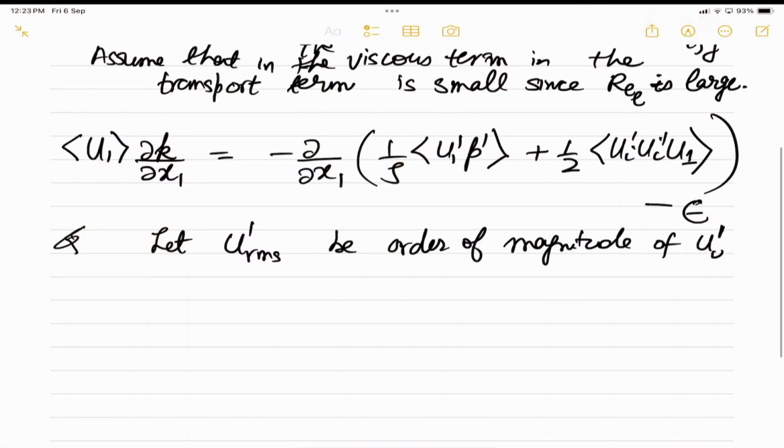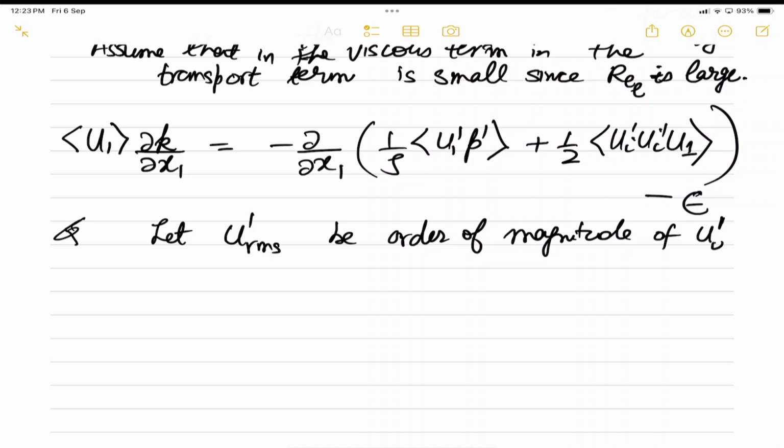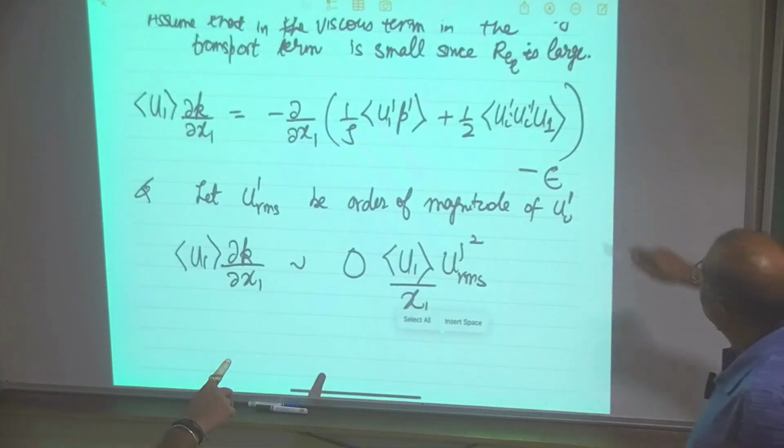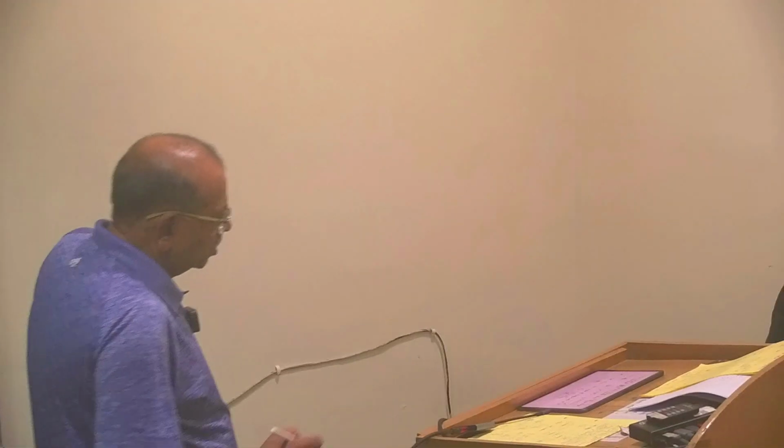And so then if we look at mean of u1 dk by dx1, this will be of the order of magnitude mean of u1 upon x1 times u prime RMS square. Pardon? Yes, u1 prime, correct, okay. Thank you.